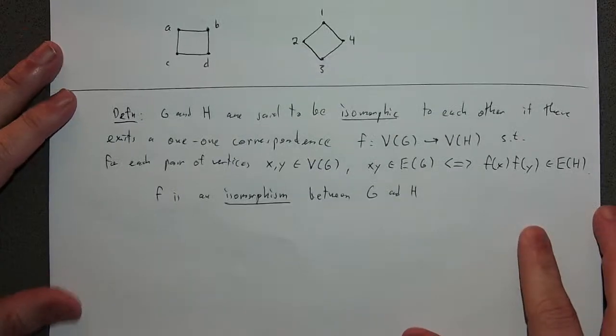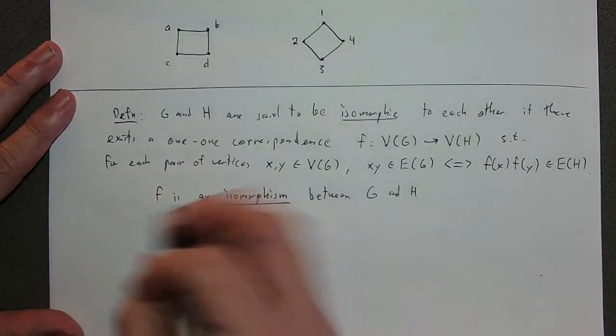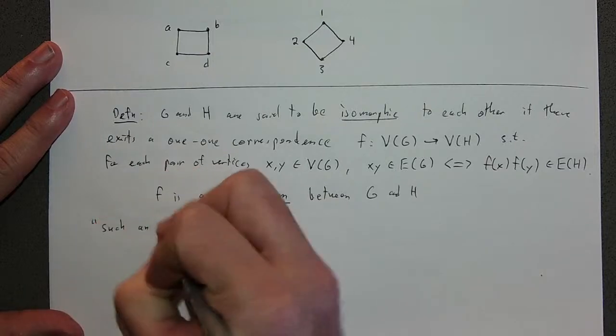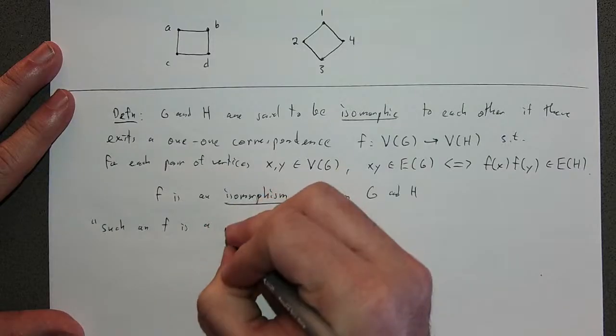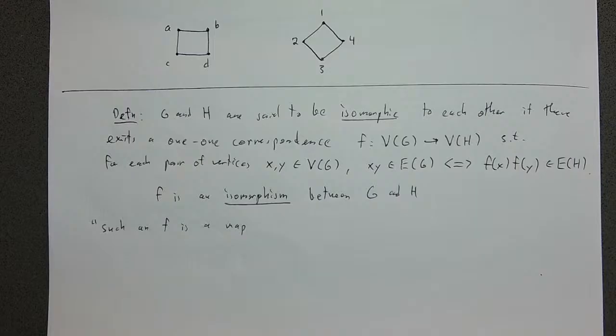So I even said it when I wrote it, that intuitively, what does this mean? This isomorphism F, such an F is a map. When I say map here, like in most math courses, like if I say map in a topology course, maybe I mean a continuous function. But I'm using map here to refer to just a general function.